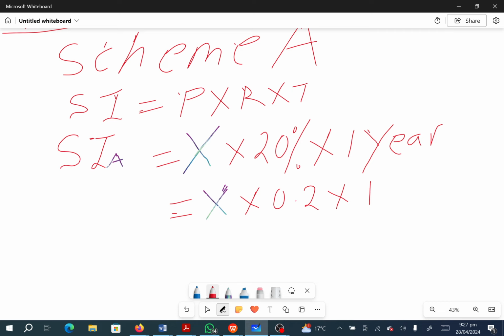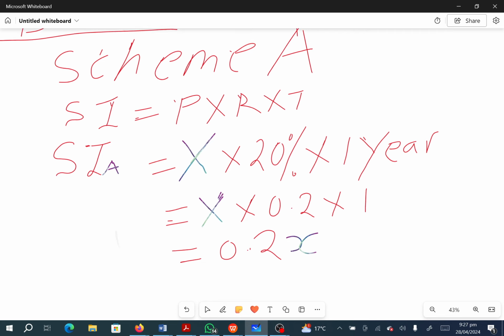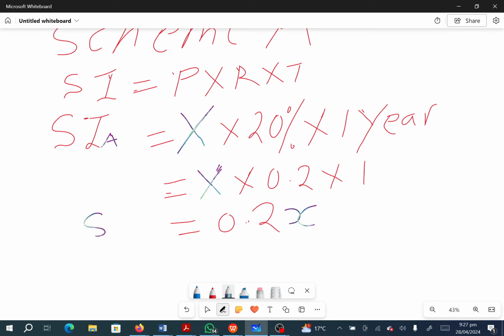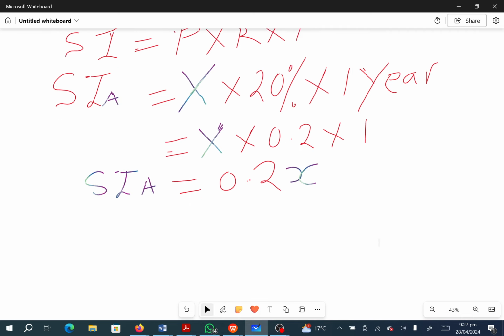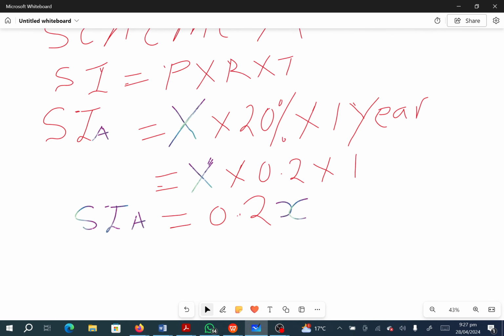When we multiply this, we get our answer as 0.2x as the simple interest for scheme A. Okay, so then let's consider scheme B.